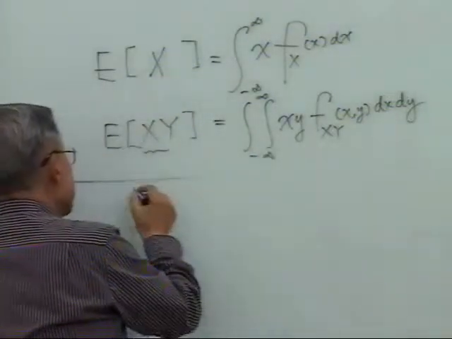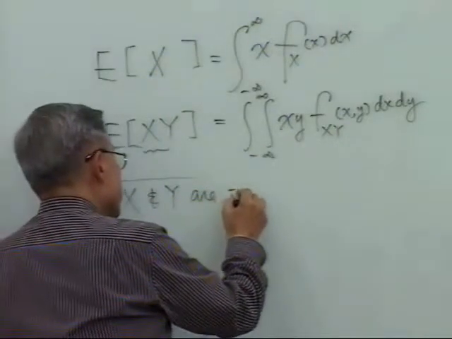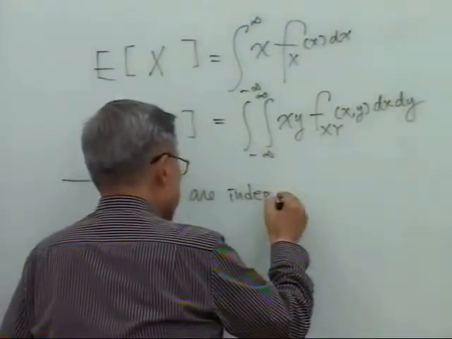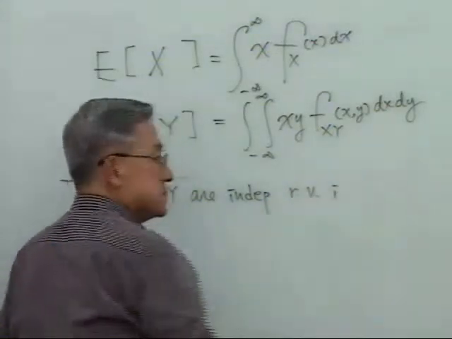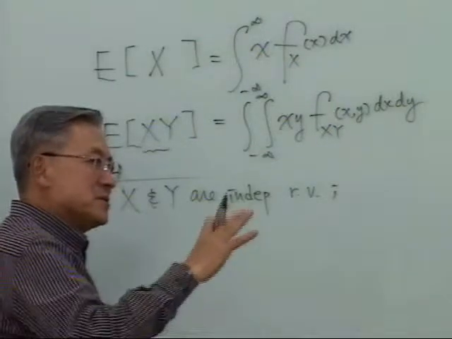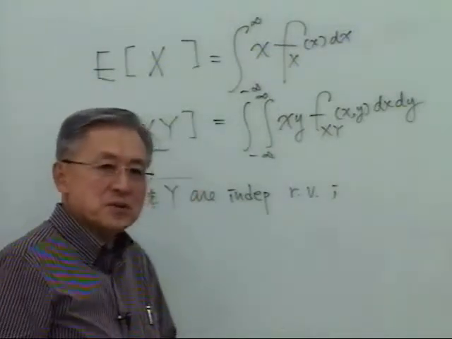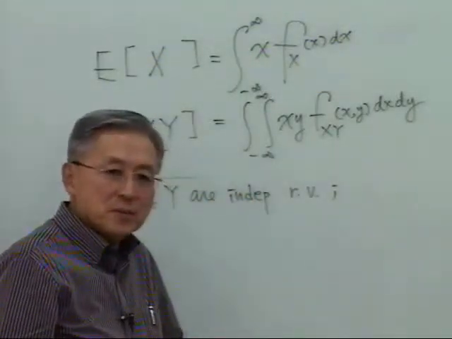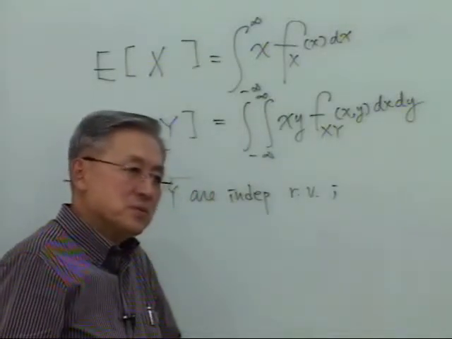So now let's say x, y are independent random variables. To make it simpler, what the mathematician usually does is, as a special case, after deriving the joint probability function, say, well, what happens if it's independent?